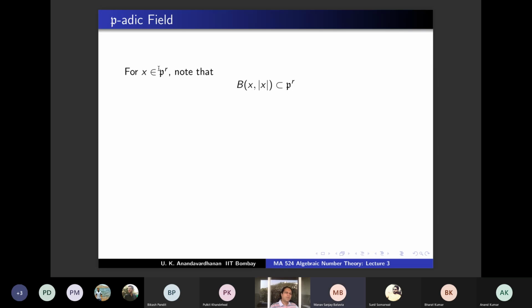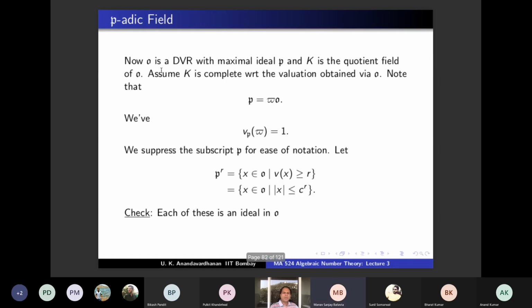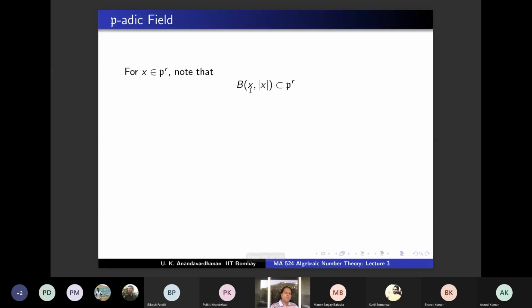Since x is in P power R, mod x is less than or equal to C power R. And you are taking y from this ball. What is given to you is mod y minus x is strictly less than mod x.